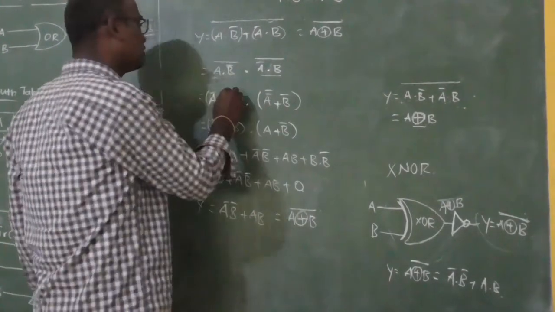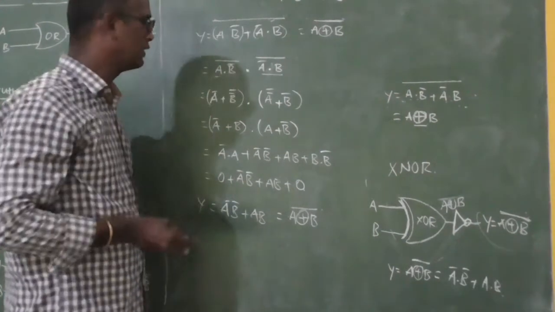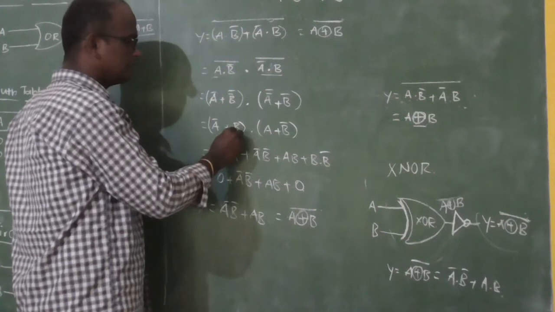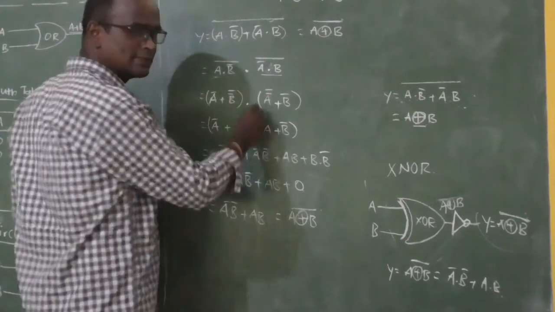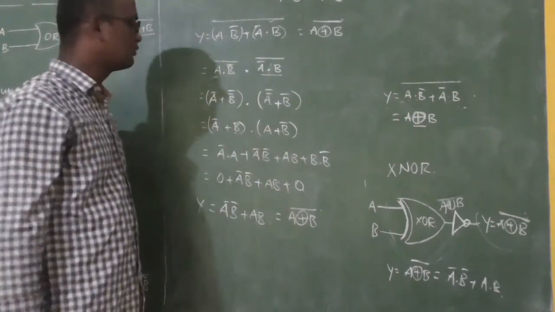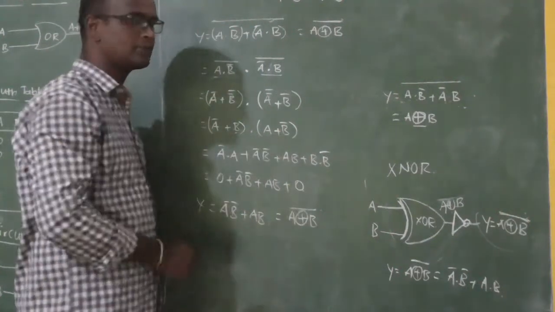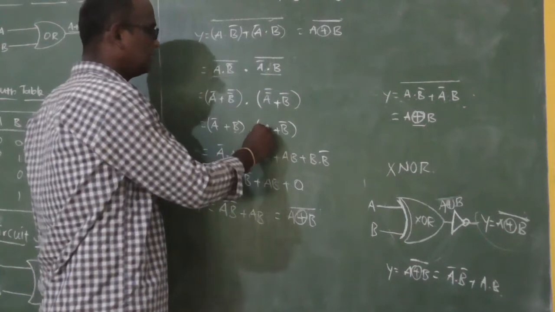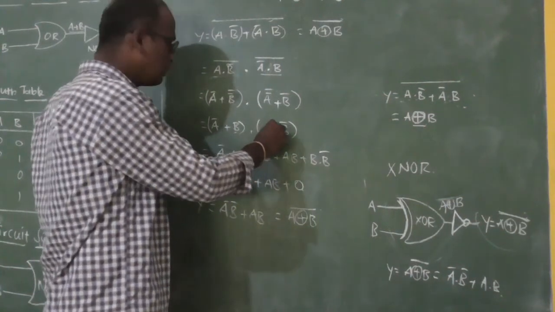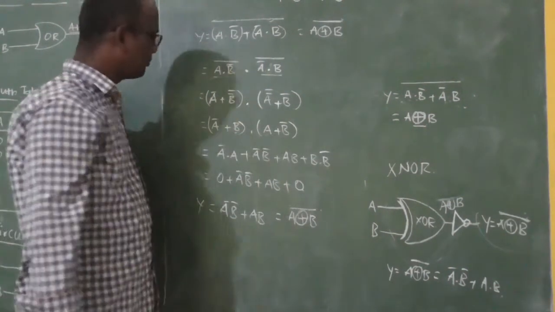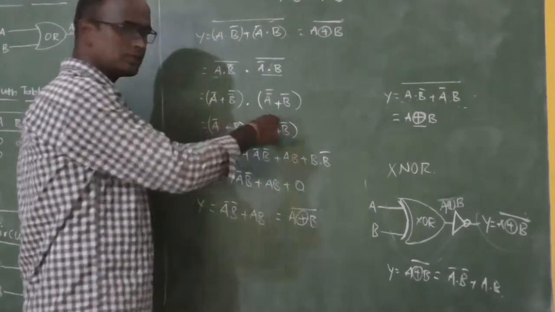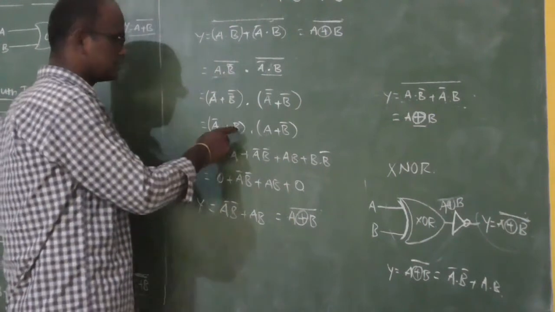Once again, a bar of bar, that is the double negation property, will produce a, and b bar of bar as b. Therefore, we get the multiplication terms as a bar plus b dot a plus b bar. If we multiply both the summations, we get the result as follows.